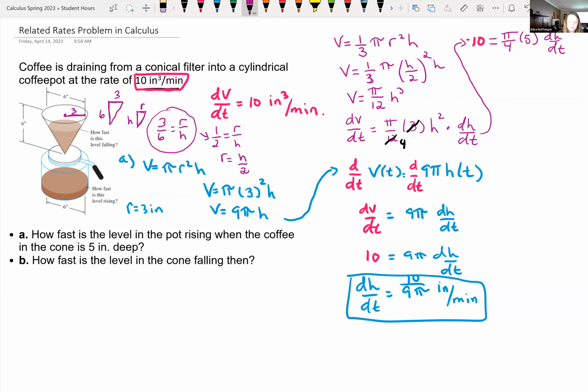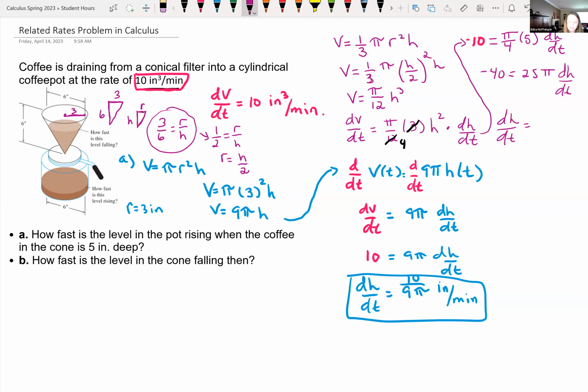Let's multiply both sides by 4. We get negative 40 is equal to 25 pi times dh/dt. Trying to find the rate of change of the height. So let's divide both sides by 25 pi.